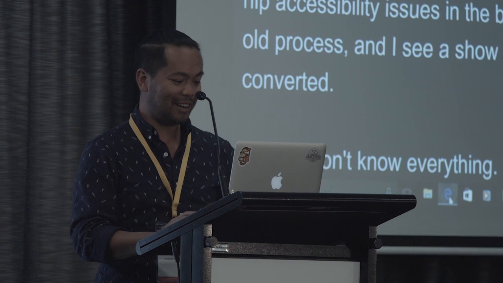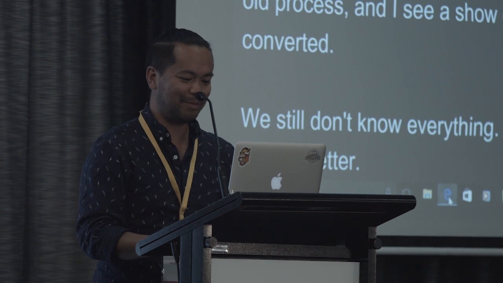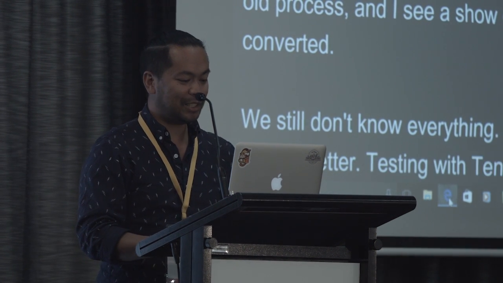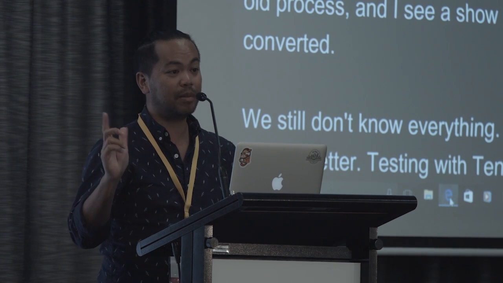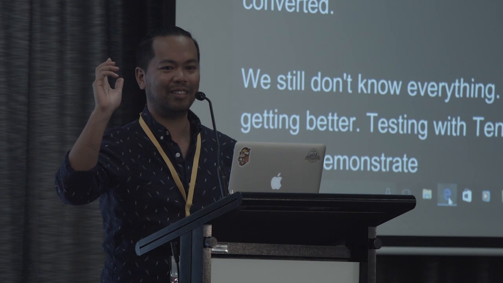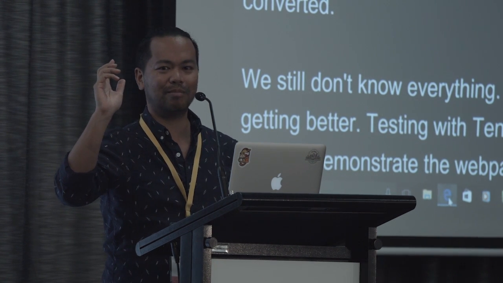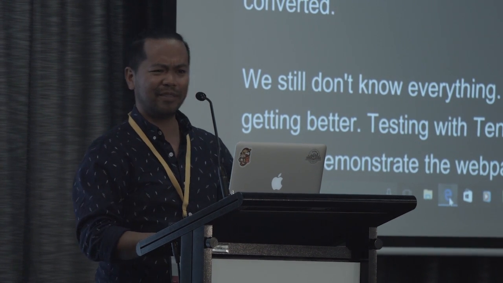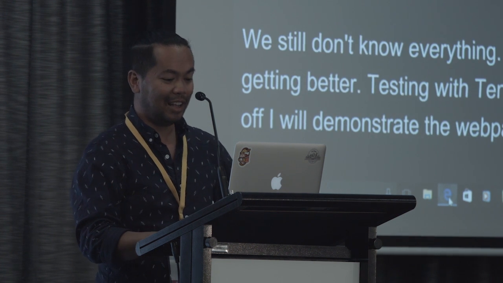So testing with Tenon.io. Let's get to all the juicy bits. So first off, I'll demonstrate the web page tester. Who's actually used Tenon? Two, three, maybe four people, five, six people in the room. Okay, great.